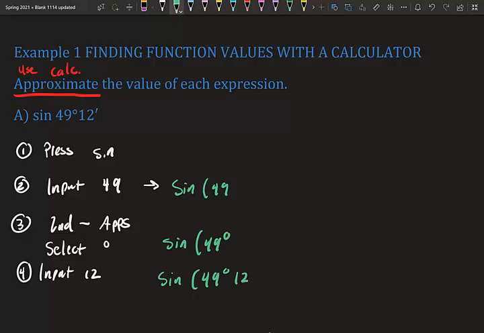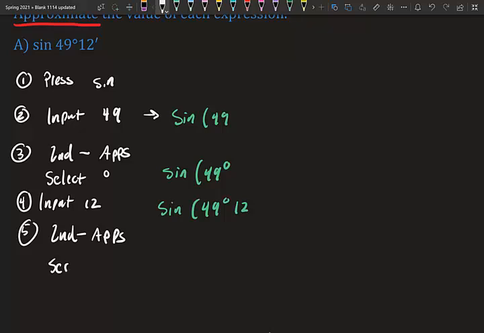But we need the little minute mark. So our fifth step for this one is to press second, apps, and it's number 2, so you want to select the little minute mark. So now where we're at, it'll be sine 49 degrees, 12 minutes.